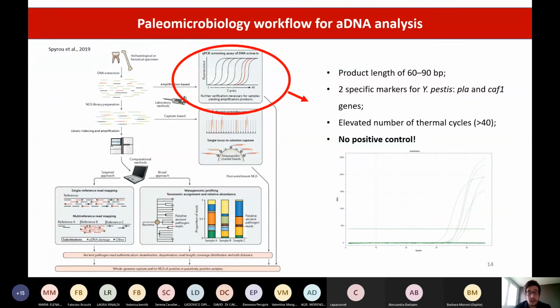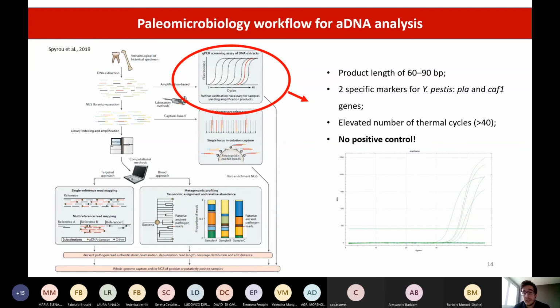When you know what you're searching for, historical information about your samples, you can decide to specifically search for a pathogen. For example, for Yersinia pestis, we search 2 genes, PLA and CAF1, which are specific for this pathogen.